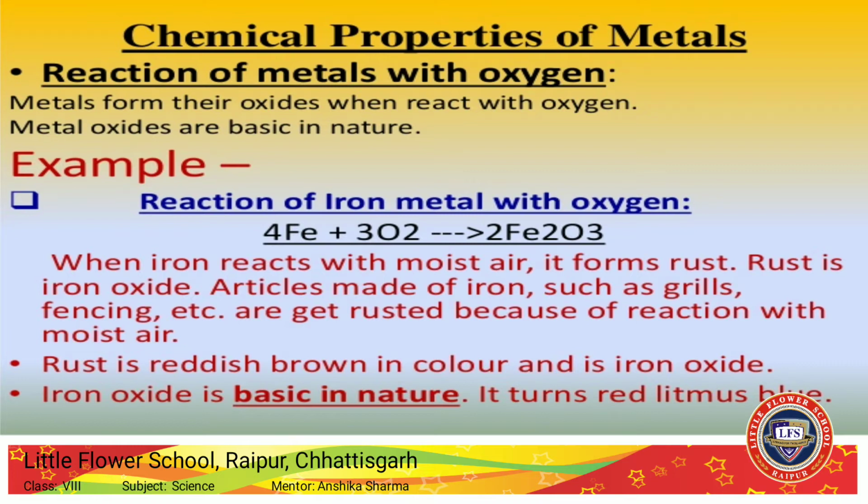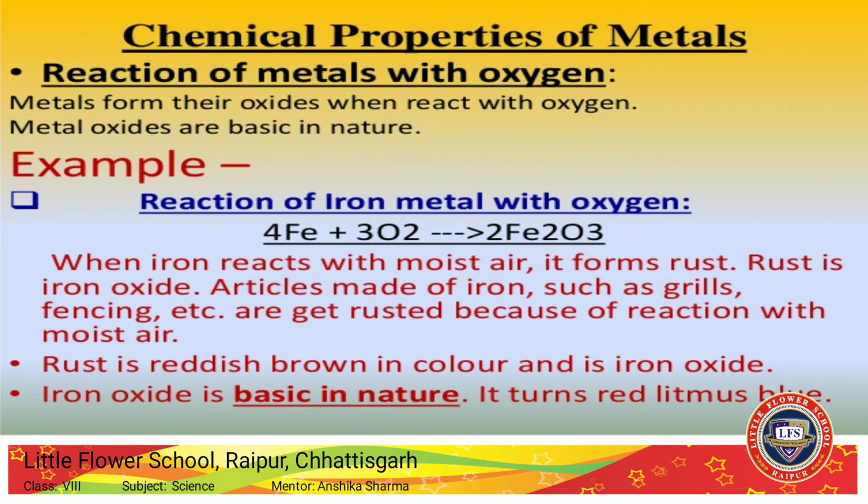For example, reaction of iron metal with oxygen: 4Fe plus 3O2 gives 2Fe2O3. When iron reacts with moist air, it forms rust. Rust is iron oxide.